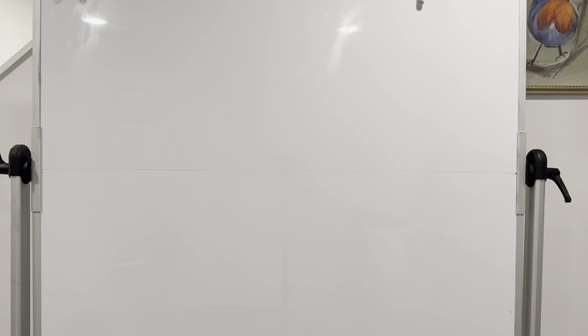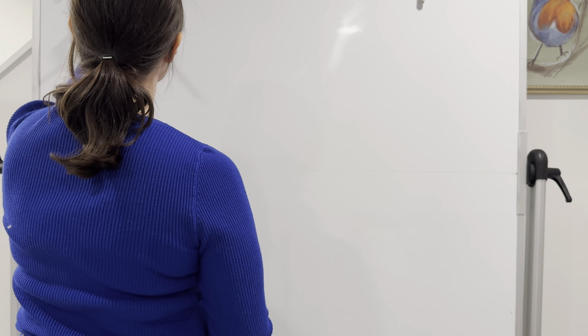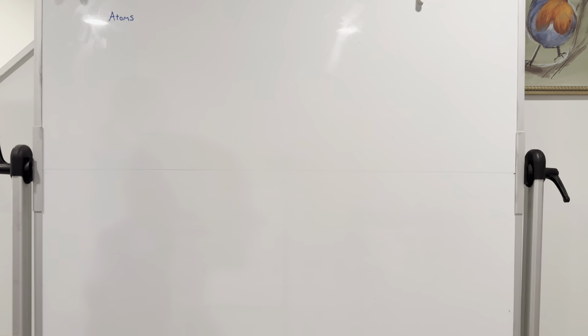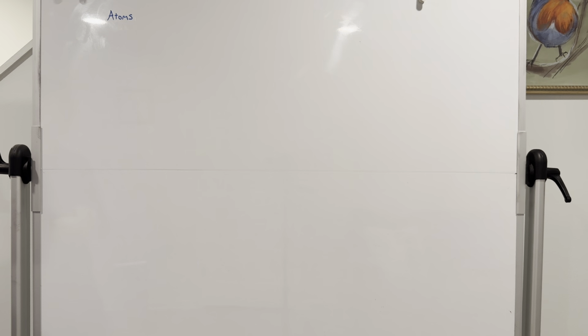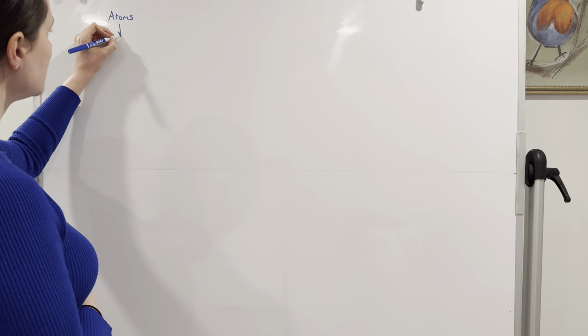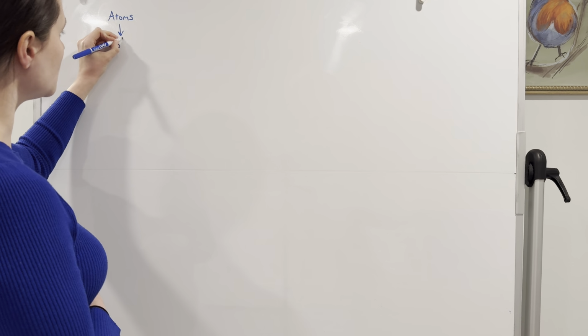Okay, levels of organization. So we start with the chemical level. So first we have atoms. These would be our elements like carbon, hydrogen, nitrogen, oxygen, etc. Okay, those can be put together to make molecules.